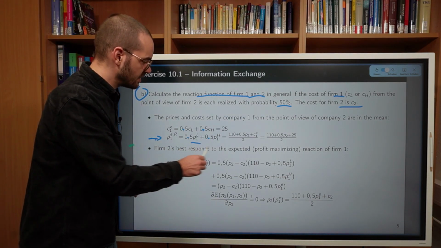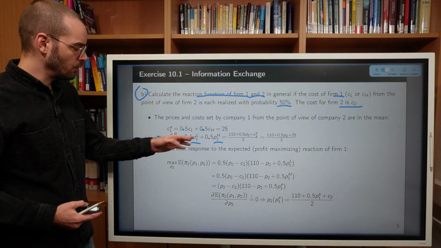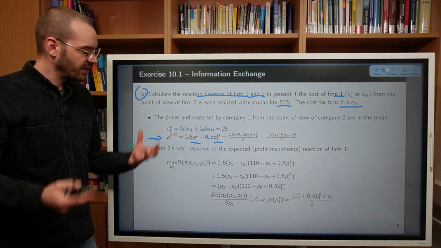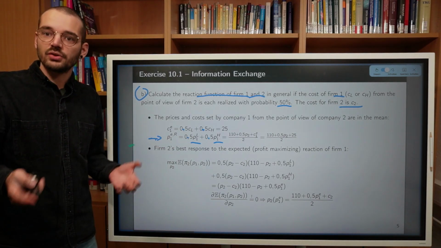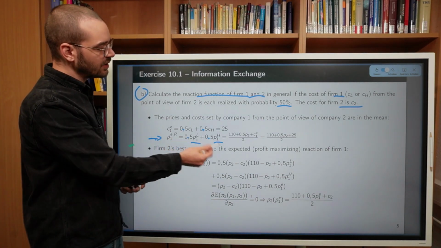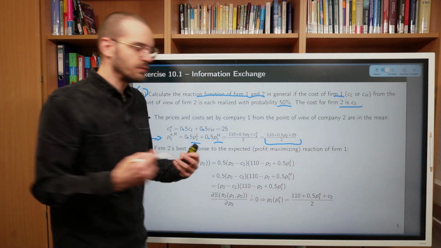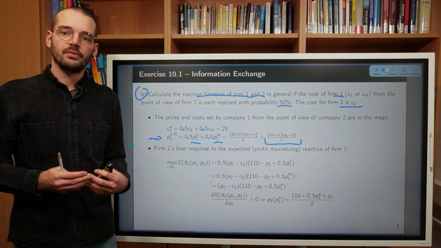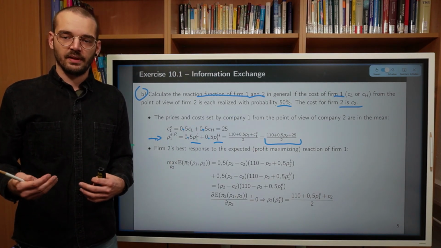Now these prices follow the reaction functions which we previously described. So P1 is a reaction function of P2. By plugging in these reaction functions, we can then calculate an expected reaction function for firm 1 from the point of view of firm 2.